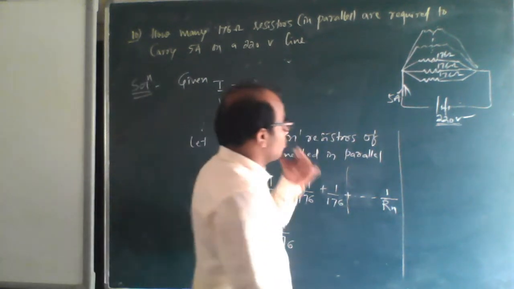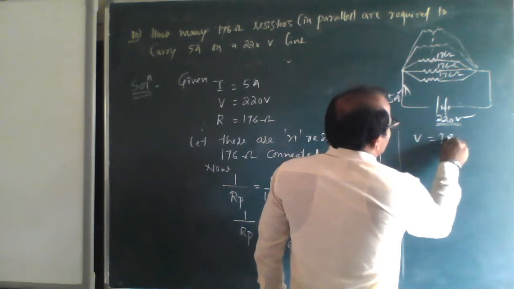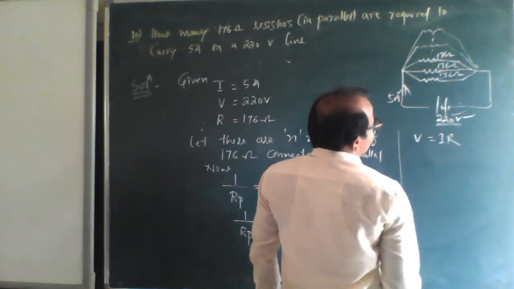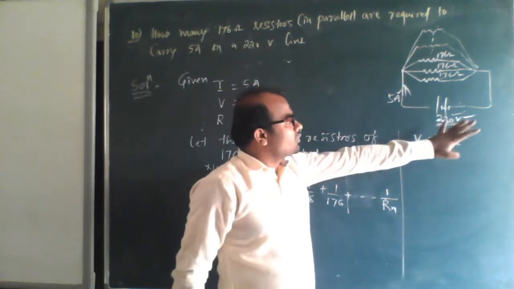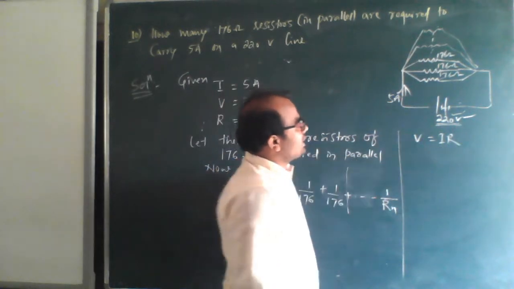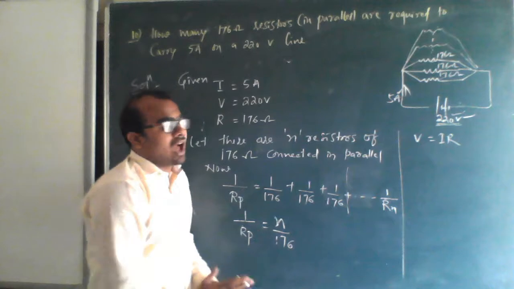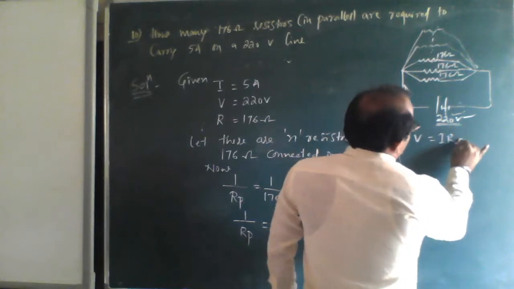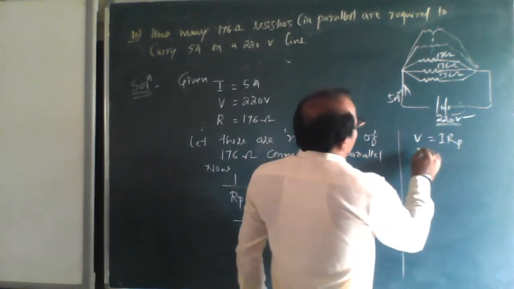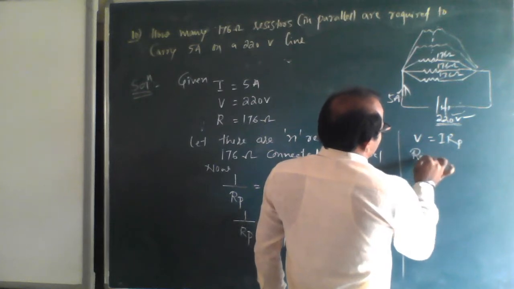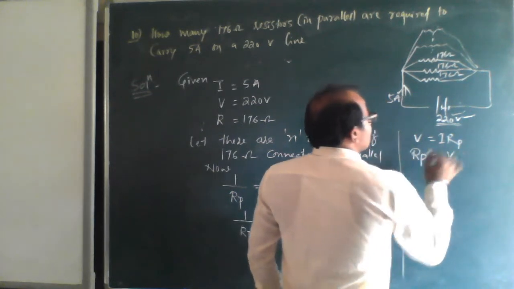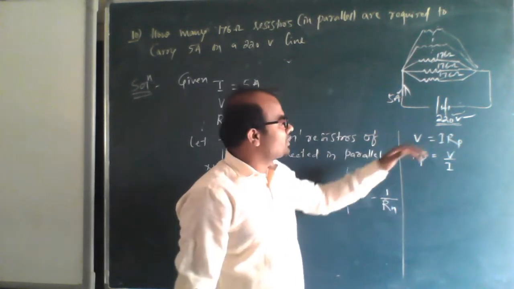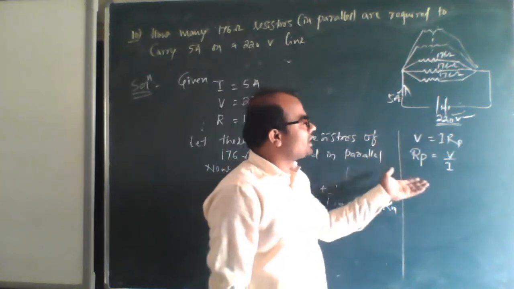The formula is V is equal to IR, Ohm's law. V is 220 volt, I is 5 ampere, R we need to find out. Here R means effective resistance in parallel combination. I want Rp, that is V by I. Take I to this side: if it comes from RHS to LHS, it becomes division.